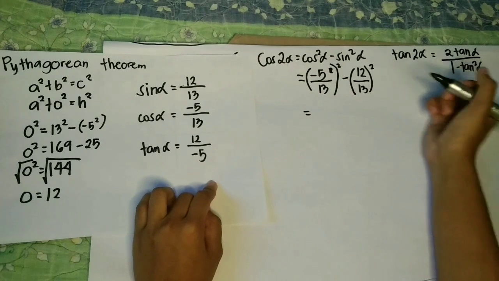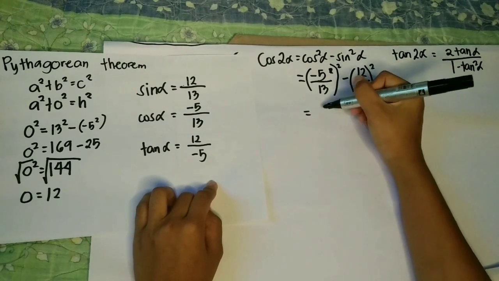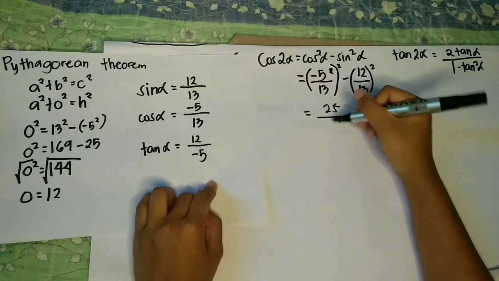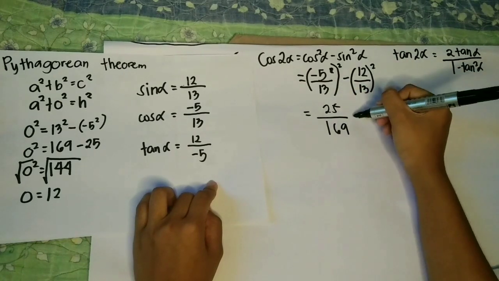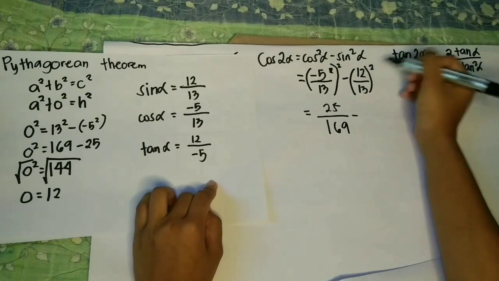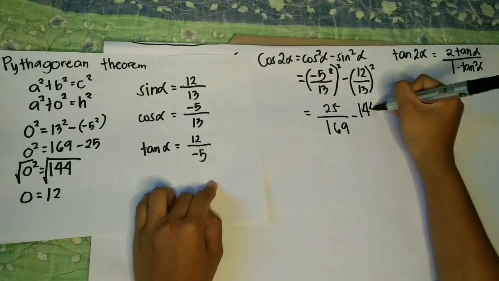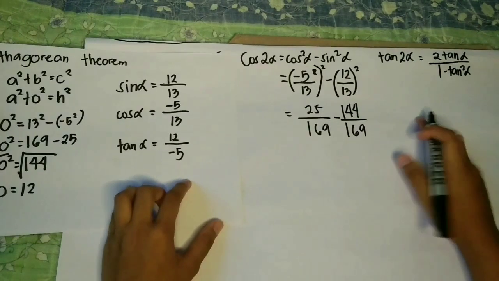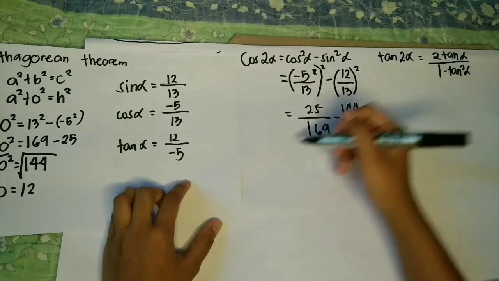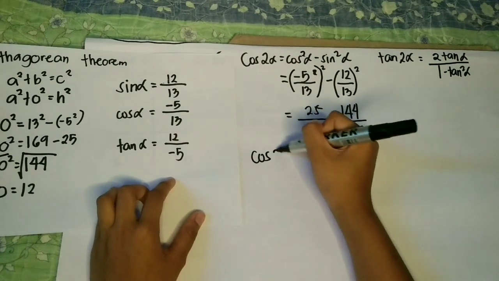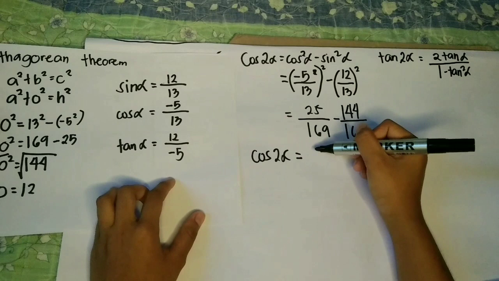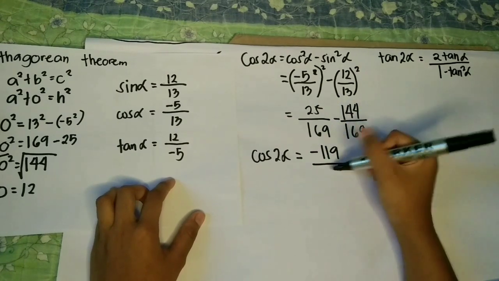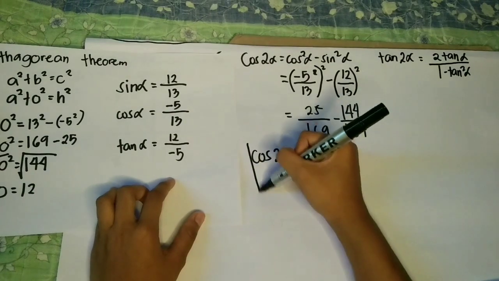So it will be negative 5 times negative 5 equals 25 over 13 times 13, which is 169, minus 12 times 12, which is equal to 144 over 169. So you subtract it. So cosine 2 alpha is equal to 25 minus 144, so it will be negative 119 over 169.